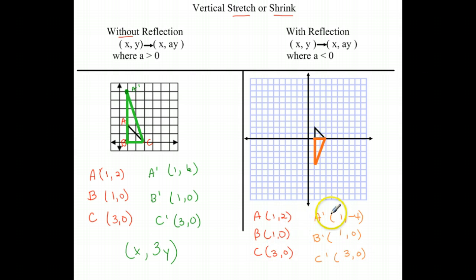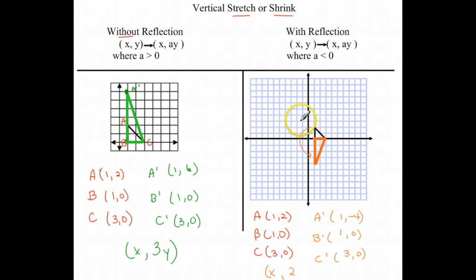So again, most of our clues are going to come from A and A prime because B to B prime and C to C prime remain the same. What happened here is that it got twice as long. So it's pretty clear, because my x-coordinate is staying the same, that my y-coordinate is being multiplied by 2 because it's doubling from 2 to 4.